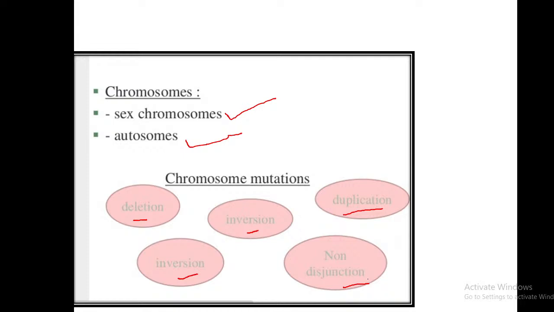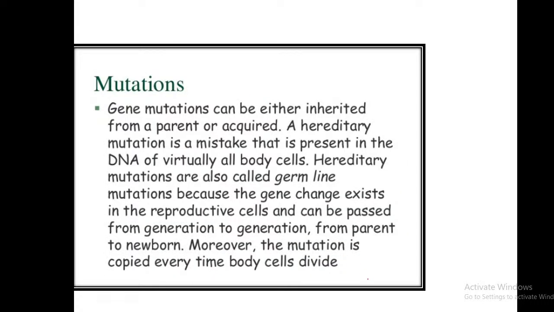So first is disorders due to chromosomal anomalies, that is, change in the chromosome number. Gene mutation can be either inherited or acquired, and a hereditary mutation is a mistake present in the DNA of virtually all body cells, and that is known as germline mutation.